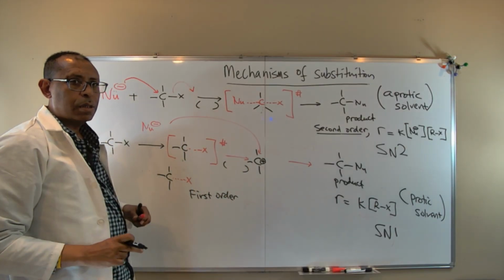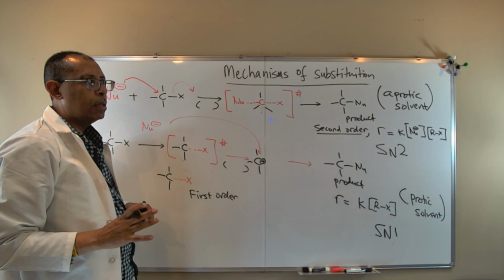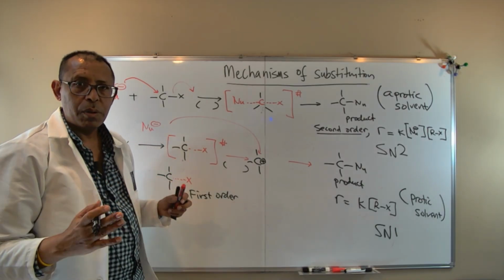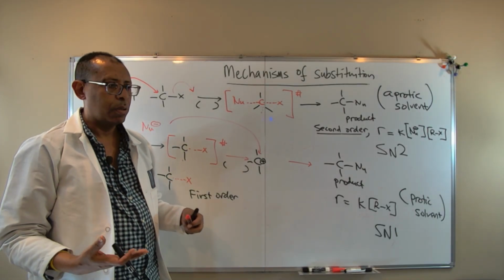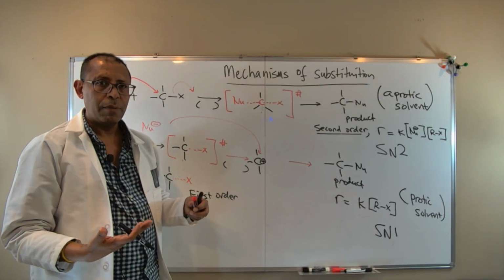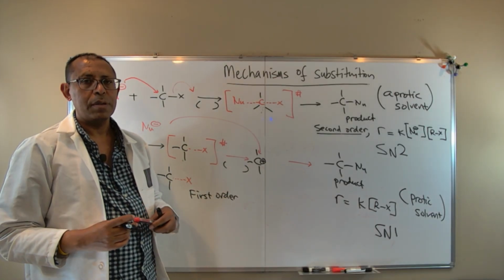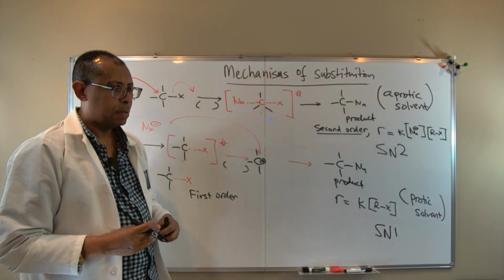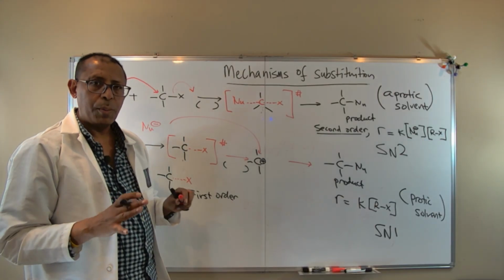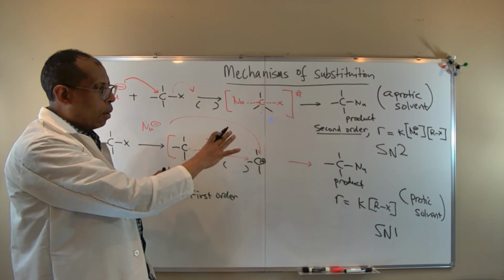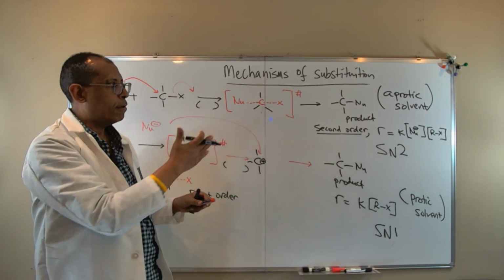By just looking at the solvent, you can say, oh, this should be SN2, or oh, this should be SN1, because I have given you lists of protic and aprotic solvents. So it's very easy once you understand how all these are derived and why.